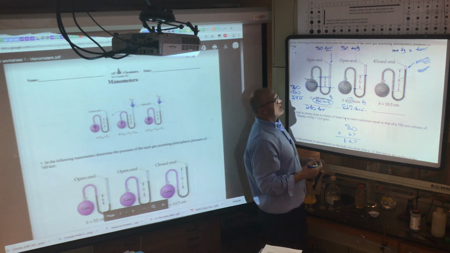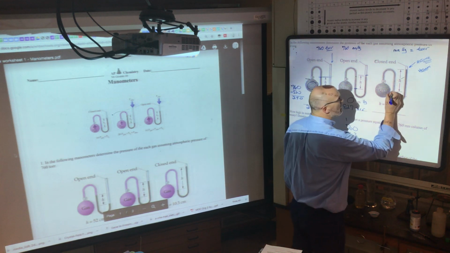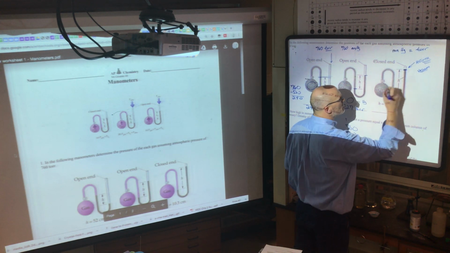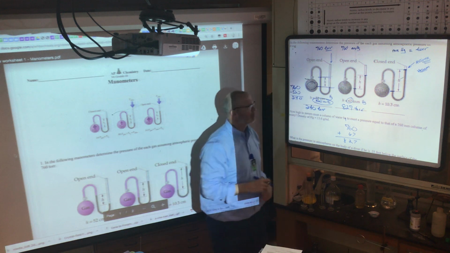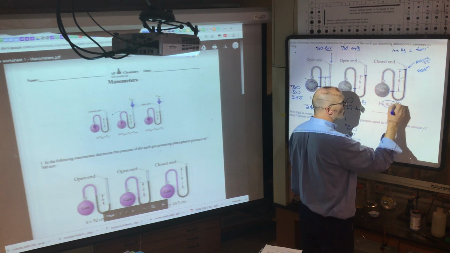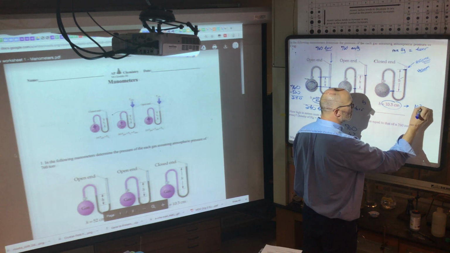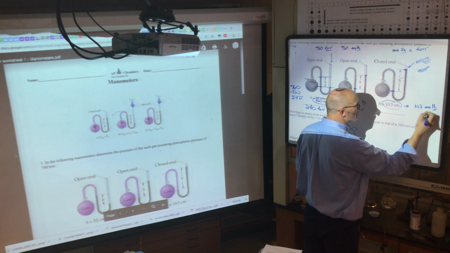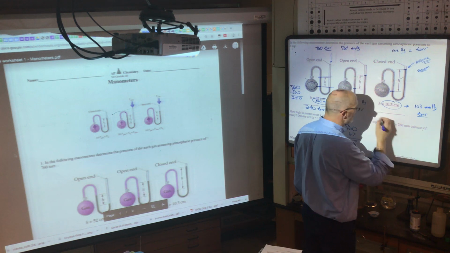In any case, as soon as there's a vacuum, okay, the levels are here. So this gas in a closed tube is just supporting the liquid. How much liquid? Which is equal to what in millimeters? 103. Millimeters of mercury or torr. And that's it.